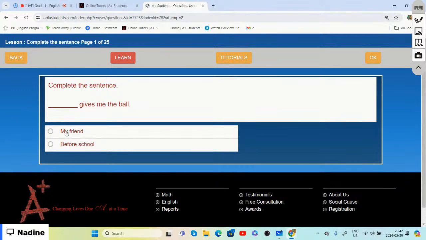Which one is the correct naming part that will go with the rest of the sentence? Do we say, my friend gives me the ball? Or do we say, before school gives me the ball? And in order to show our complete sentence, we will choose our naming part, which is my friend. So my friend gives me the ball, right?